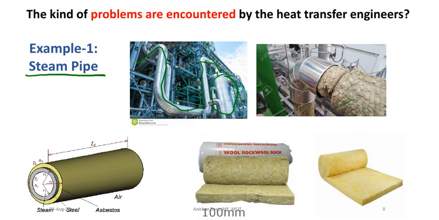This is a fibrous structure with a lot of air, and the fibers are non-metallic, so they have very low thermal conductivity. Air also has low thermal conductivity, so chances of conduction are very low. In this way we can reduce the heat loss from the steam pipe.